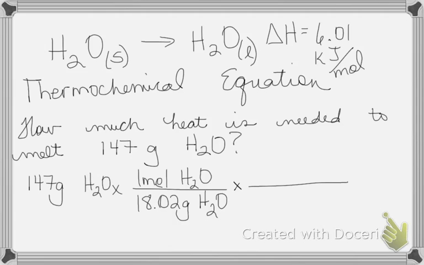So can't we set that up here in this ratio? We know from that balanced equation that 1 mole of H2O takes 6.01 kilojoules of heat. Now, why did we use 1 mole of H2O on the bottom? Because that's the coefficient in the equation. Had the coefficient up there been 2, we would have to use the coefficient here.